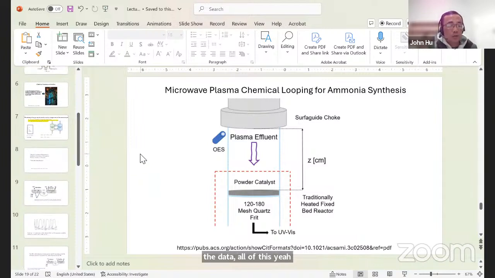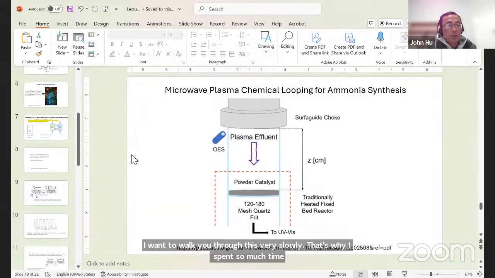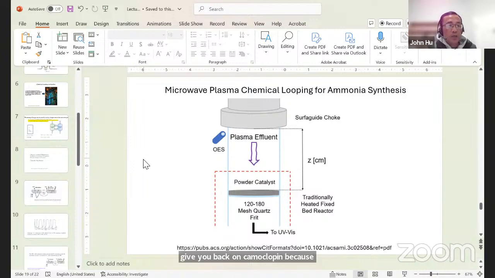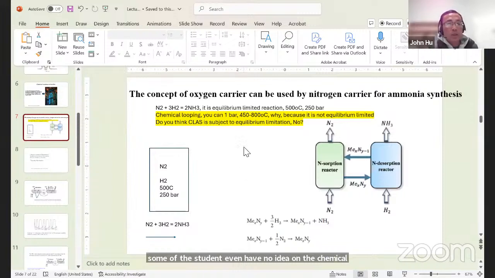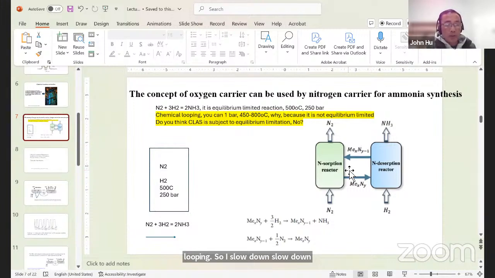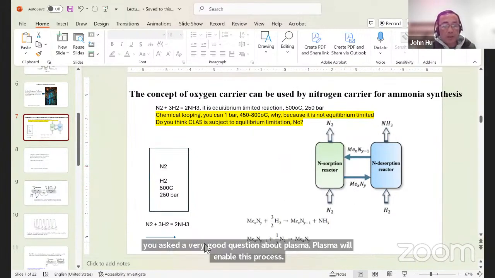That's why I spend so much time giving you background on chemical looping, because in the last session when I started, I realized some of the students had no idea about chemical looping. So I slowed down, talking about the oxygen carrier. Now I'm talking about the nitrogen carrier. But you asked a very good question about plasma. Plasma will enable this process and make it easier.